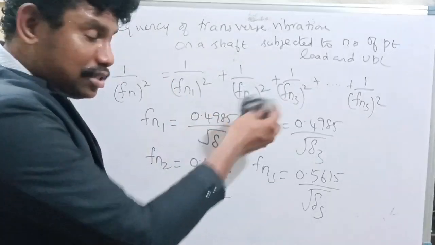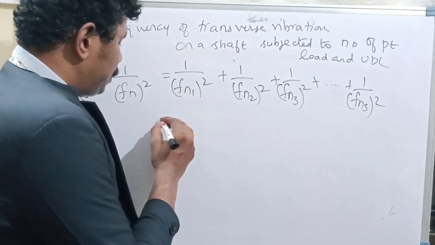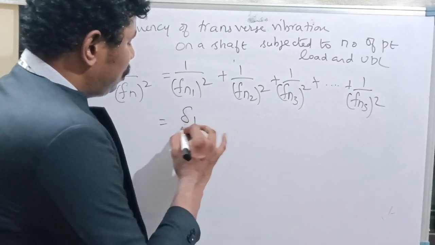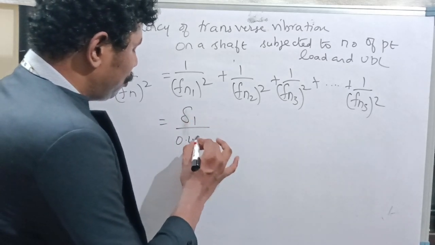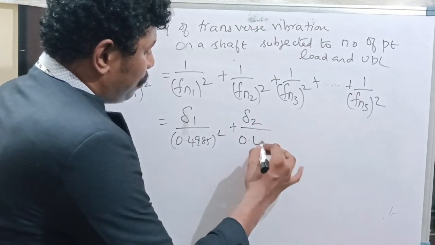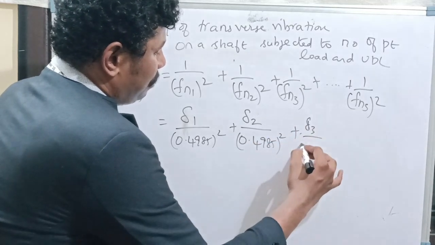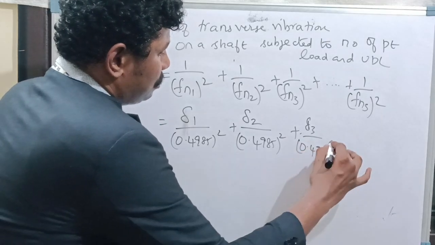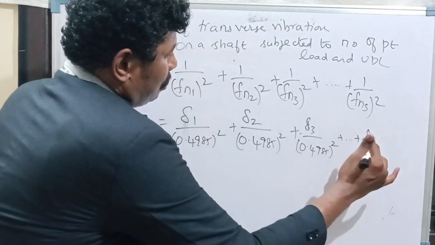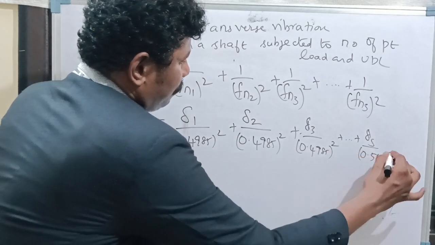So we are going to substitute all these terms in the equation, which is equal to 1 by Fn square equals delta 1 divided by 0.4985 square plus delta 2 divided by 0.4985 square plus delta 3 divided by 0.4985 square, and so on to delta S divided by 0.5615 square.